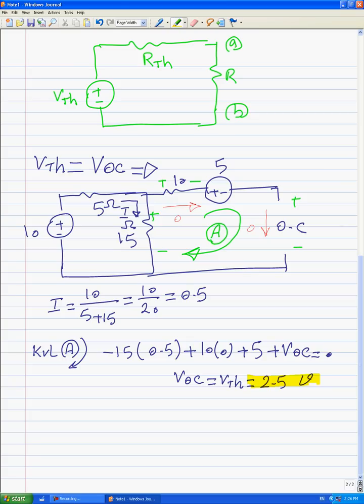To summarize, in order to find the open circuit voltage or Thevenin voltage, we should apply KVL in a loop which contains the open circuit.